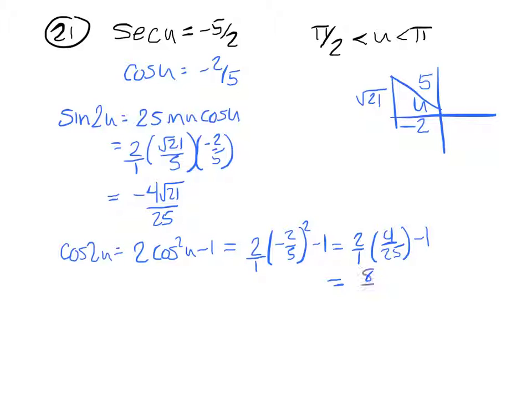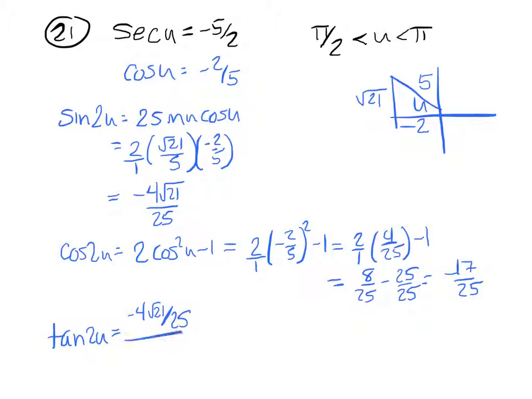So we'll get 8 over 25, minus, and getting a common denominator, 25 over 25. So this will be -17 over 25. And then to figure out tangent of 2u, we'll go ahead and use sine over cosine. So the denominators are going to cancel. The negatives will cancel, so we get 4 root 21 over 17.